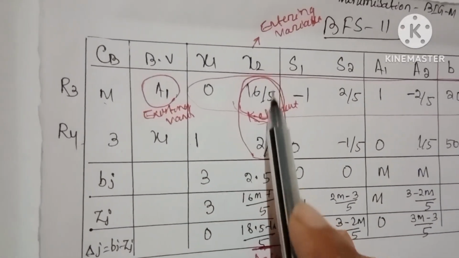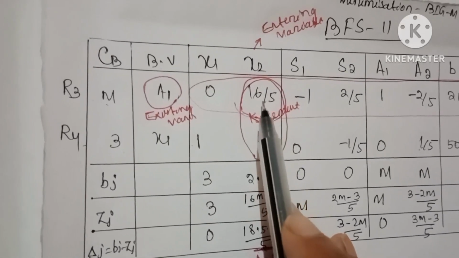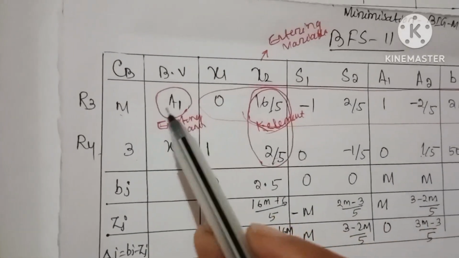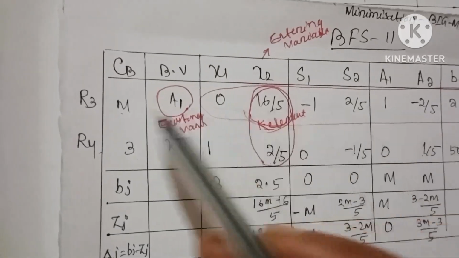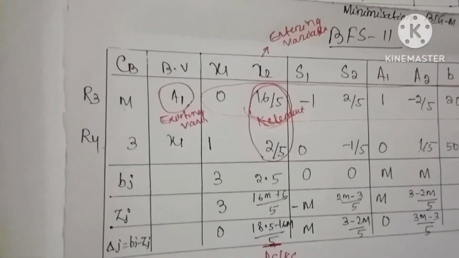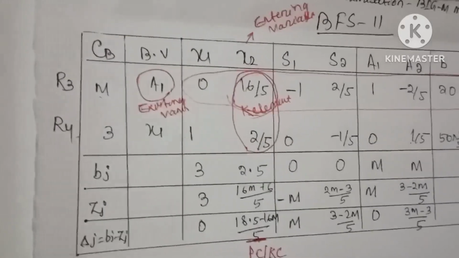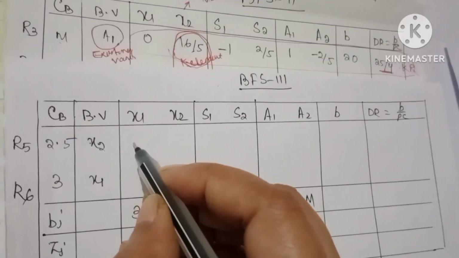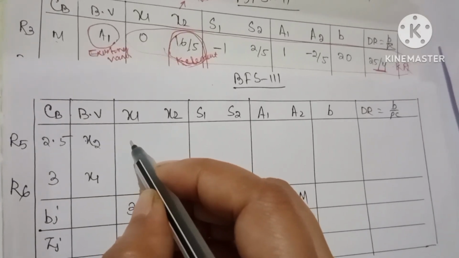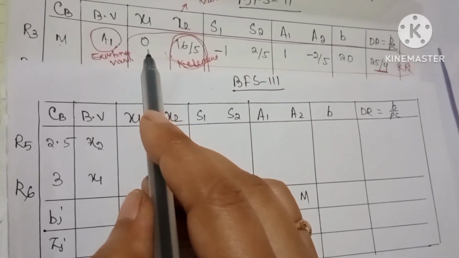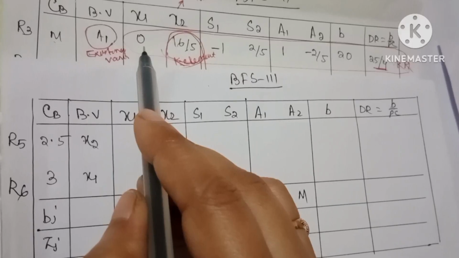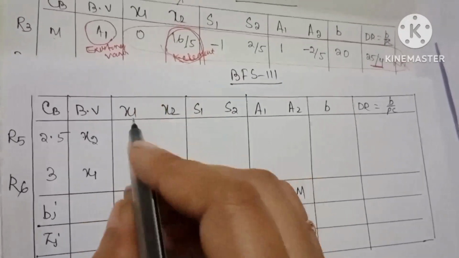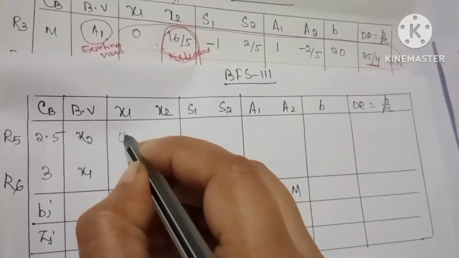If we multiply by 5 by 16, then we will get 1. And we have to multiply this 5 by 16 to each and every element of this row 3. Then we'll get the new values for R5. So the new value here for R5 equals 0 into 5 by 16, that is R3 into 5 by 16. So 0 into 5 by 16 becomes 0.